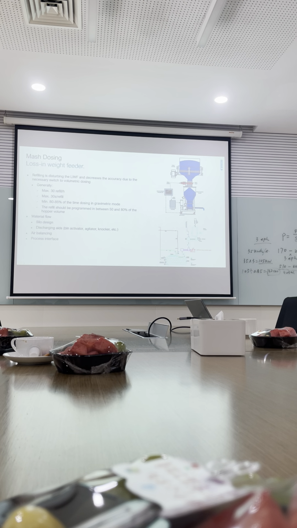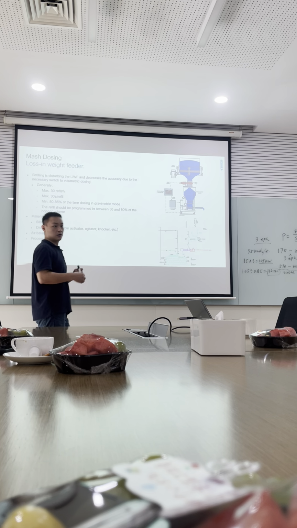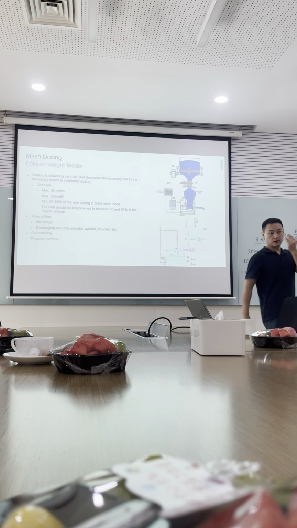Otherwise, we can't achieve this target, and then you can't ensure the gravimetric target. So, two points. We need to make sure the screw feeder doing the refilling has a high capacity, more than this, and also the hopper with the scale should have a volume bigger than this. Otherwise, we can't ensure the dosing feeder function.